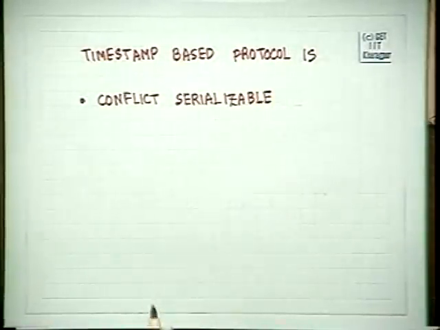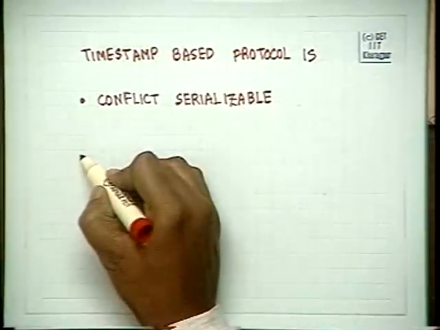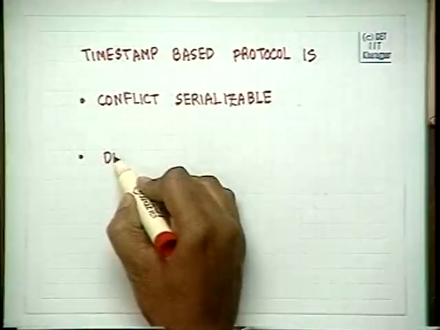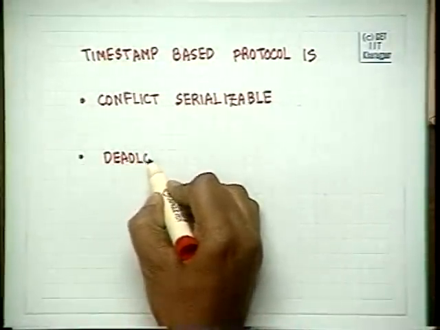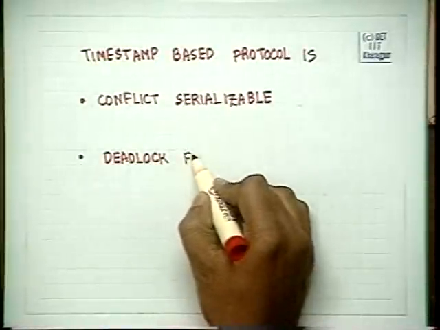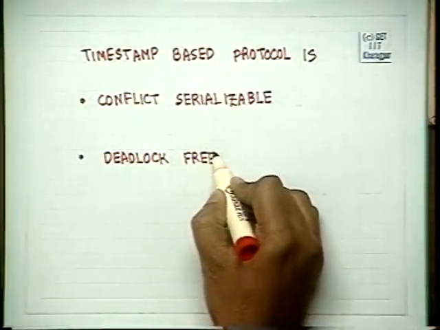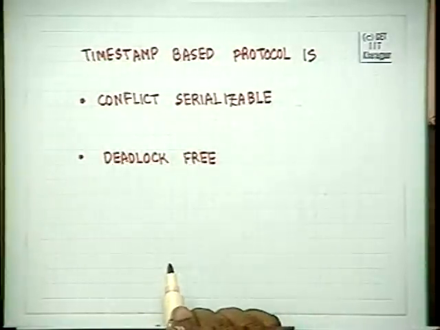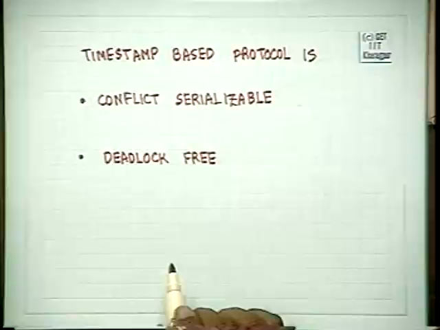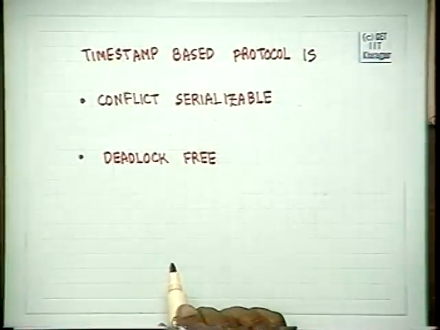That it is equivalent to some serial schedule. And the second thing is, we can also easily show it is deadlock free. It is deadlock free because we are allowing rollback. Whenever we detect a conflict, we are preempting something, taking something out of execution. If we had withheld it, then it would have reached deadlock. But we are preempting it, rolling it back and restarting it.